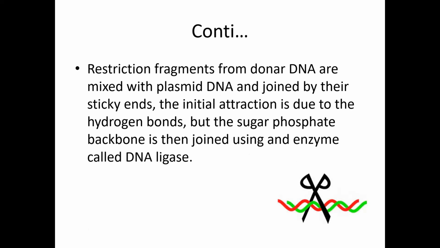So how will they be joined? It is due to the hydrogen bond. But the main thing is sugar phosphate. Sugar we know, phosphate group we know, which forms the backbone of DNA. Here also these will form the backbone of DNA, and those will be joined using ligase enzyme only.